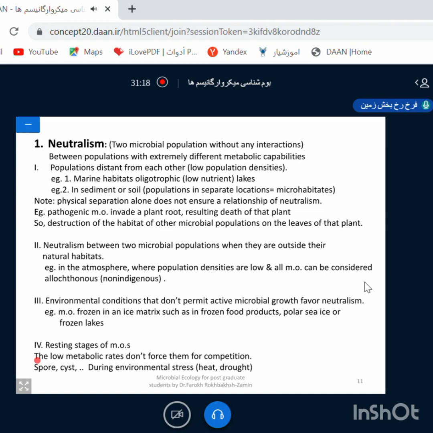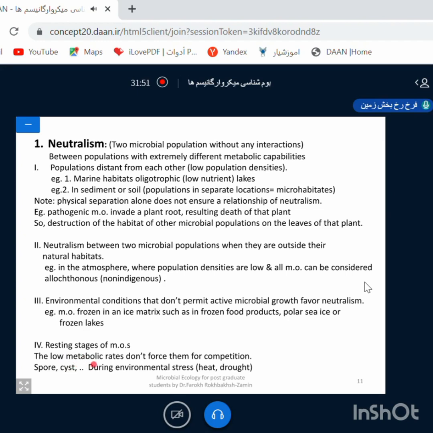The interaction is neutralism, because spores have no interaction with Paramecium, and Paramecia don't have any interaction with a spore. And it is so for cysts of protozoa.